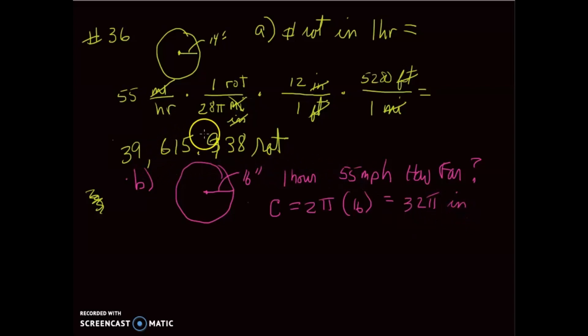And this is just the number of rotations. So what are the rotations? 39,615.938 times the 32 pi. That gives us the inches at least. Let's bring up our calculator.